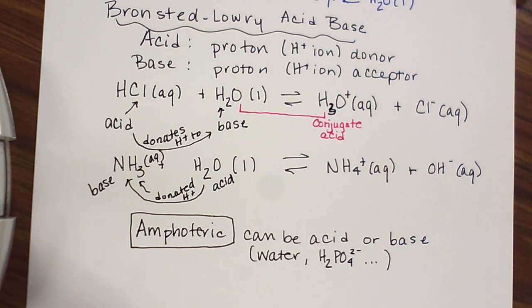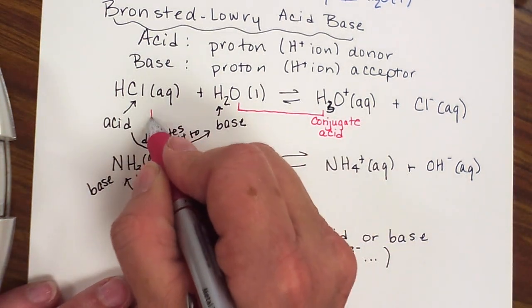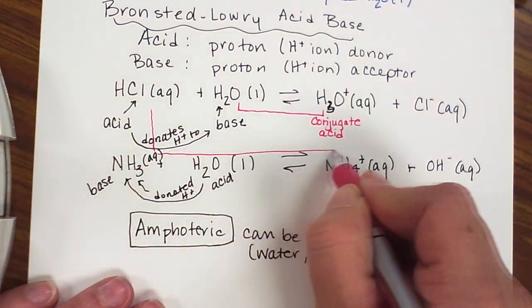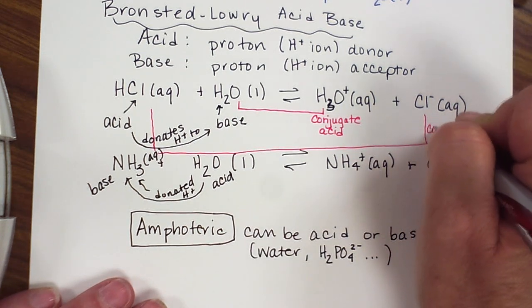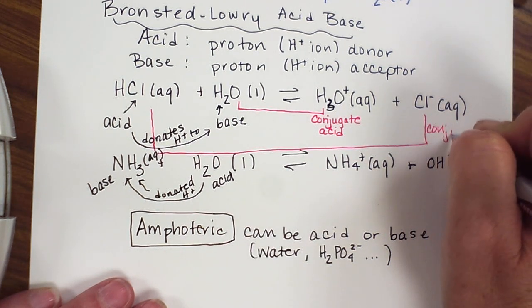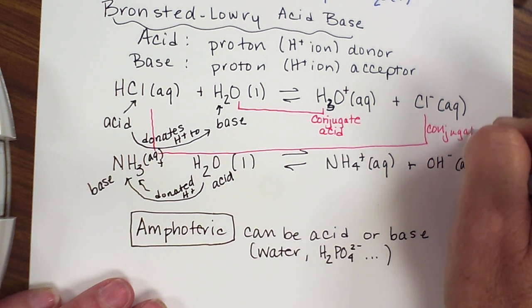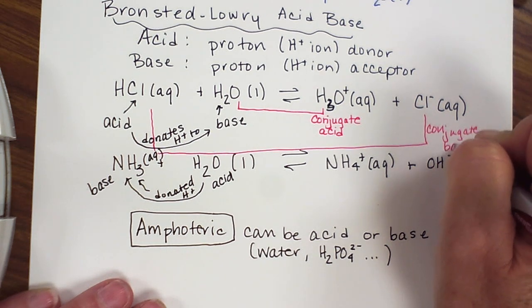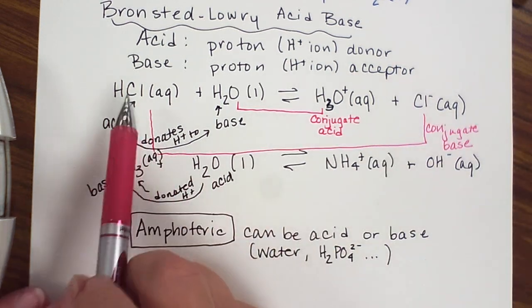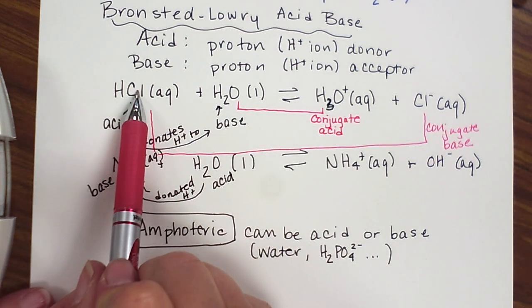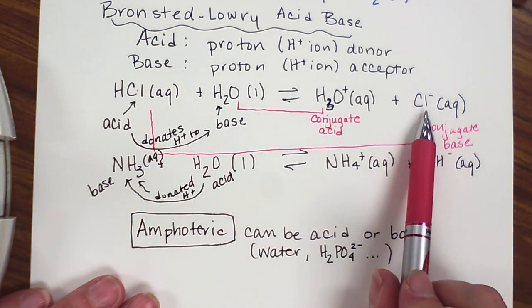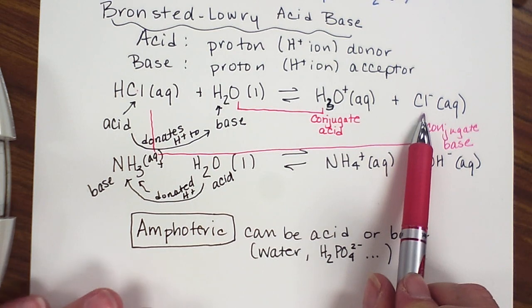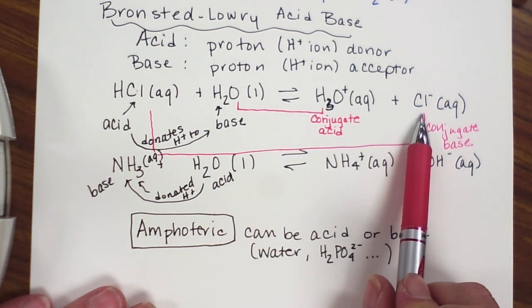Meanwhile, the acid over here is going to become a conjugate base. Because it started as an acid where it had a proton that it was going to give off easily. And then it became this base where it can now accept a proton.